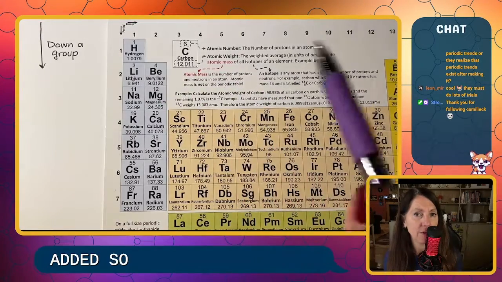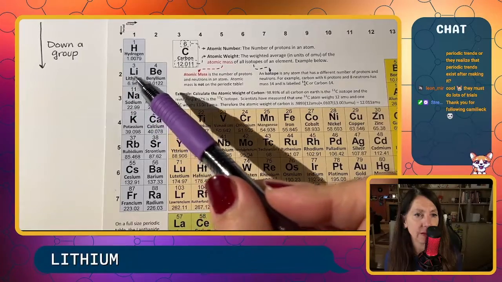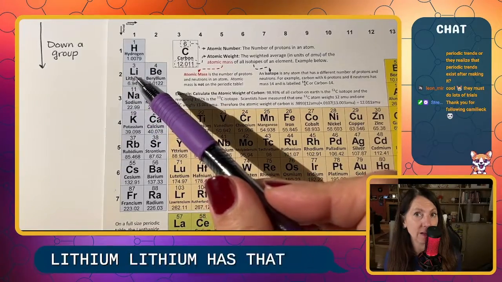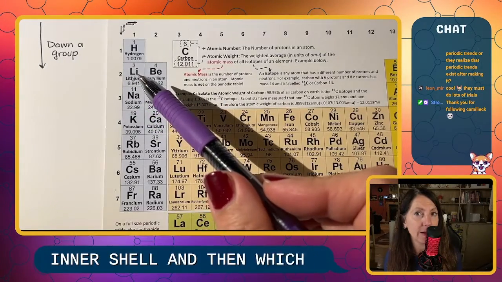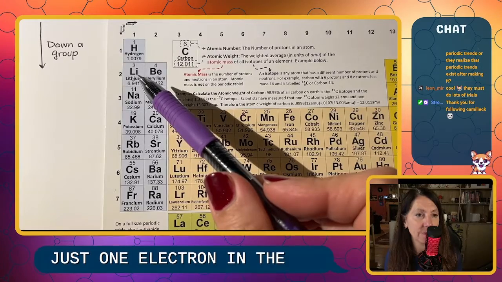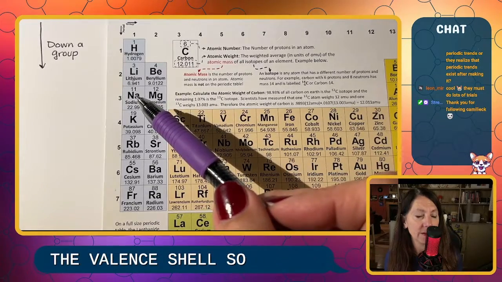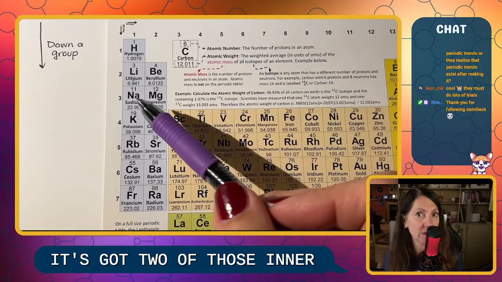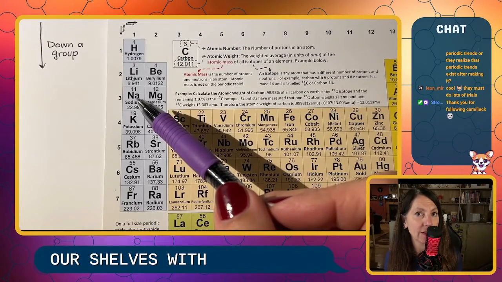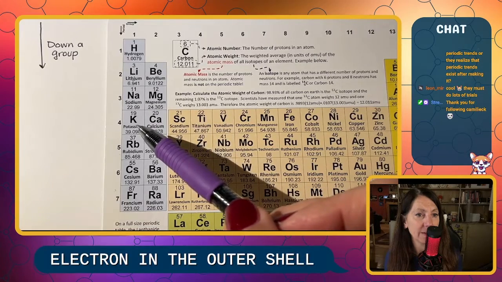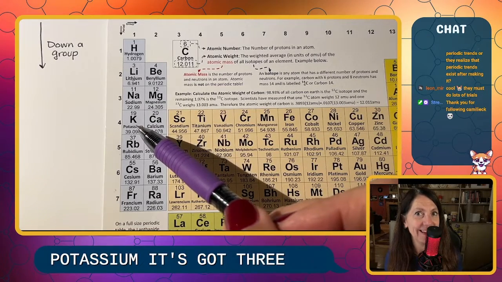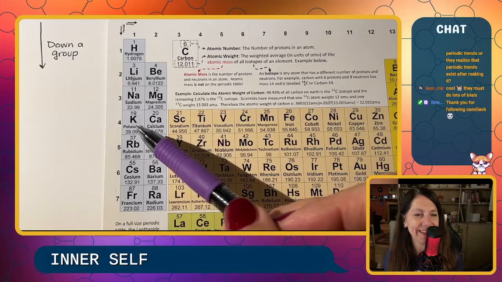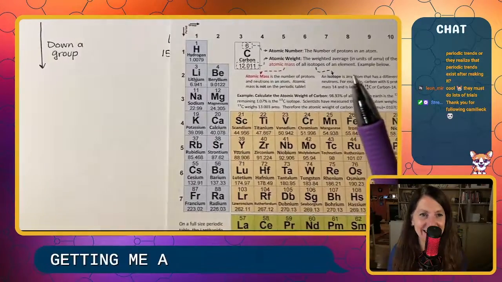So hydrogen, helium, lithium. Lithium has that inner shell, and then just one electron in the valence shell. Sodium has two of those inner shells with one electron in the outer shell. Potassium has three inner shells. Okay, so you're getting the idea here.